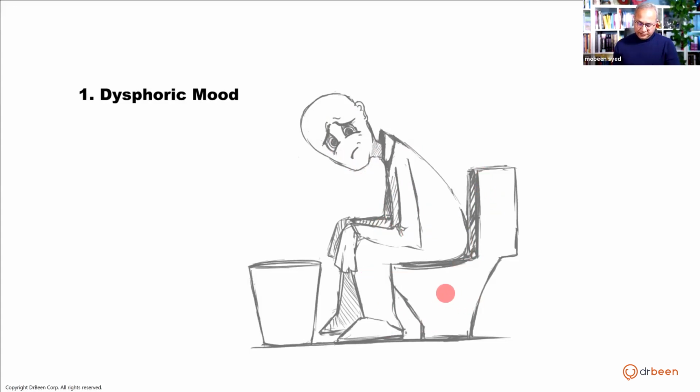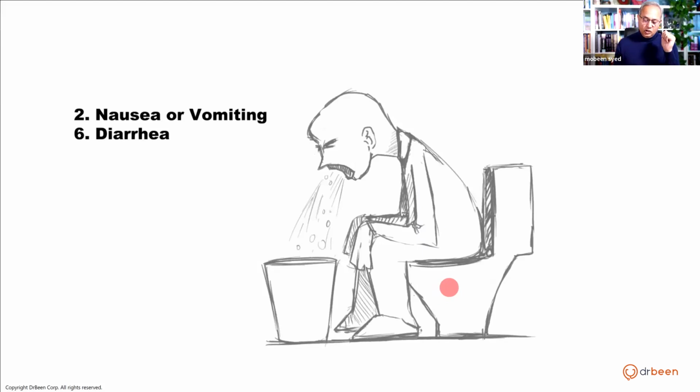First, dysphoria, then nausea or vomiting, and number 6 is diarrhea, although it doesn't matter which number, but I want you to adhere to the numbering. And now I think you can know why I made it like this. So nausea or vomiting, and or diarrhea. Nausea or vomiting is one criterion, diarrhea is another criterion.